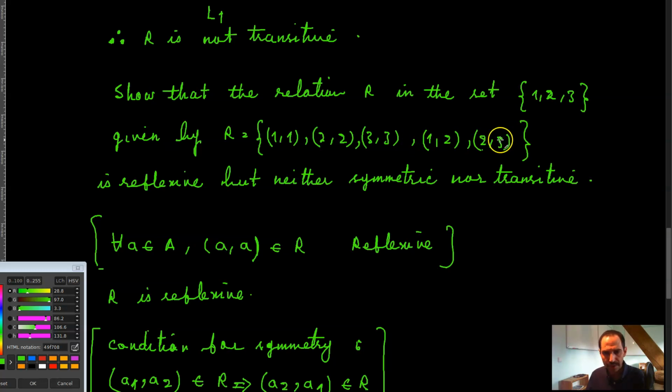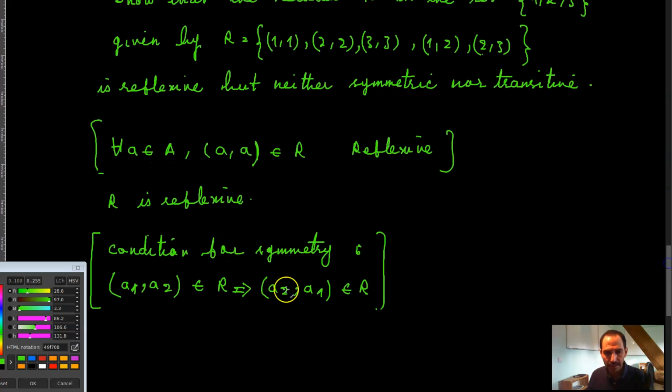And (2, 3) is symmetric with (3, 2), which is not there. So you can see that (1, 2) belongs to R, but (2, 1) does not belong to R, and that is enough to show that it's not symmetric. Therefore, R is not symmetric.